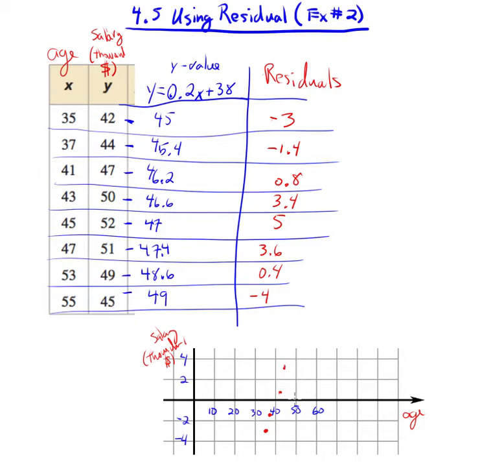Then, oh, I didn't even notice this one. 45 is 5, so that would make it about halfway up.